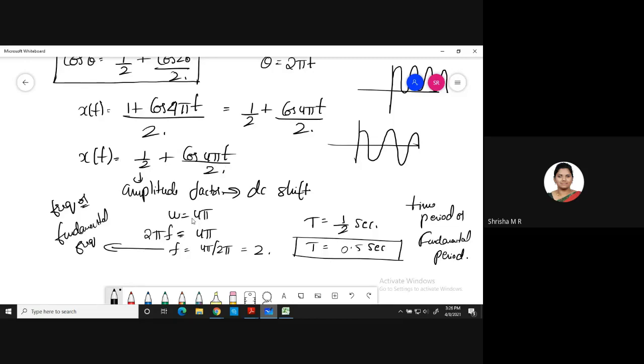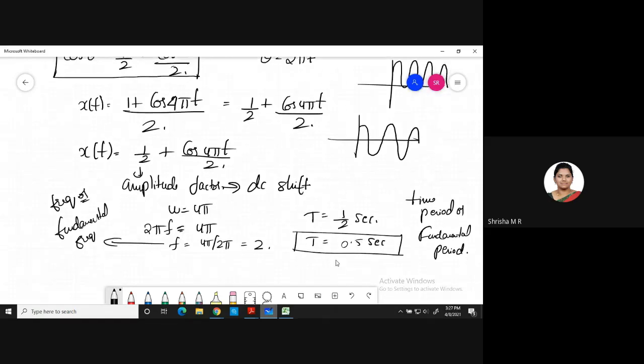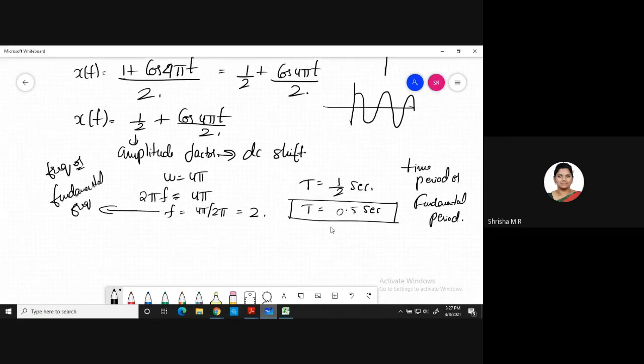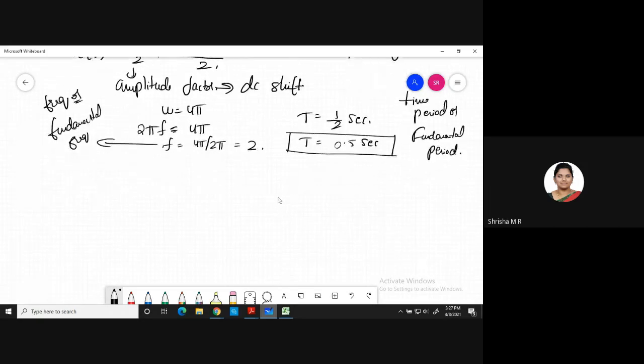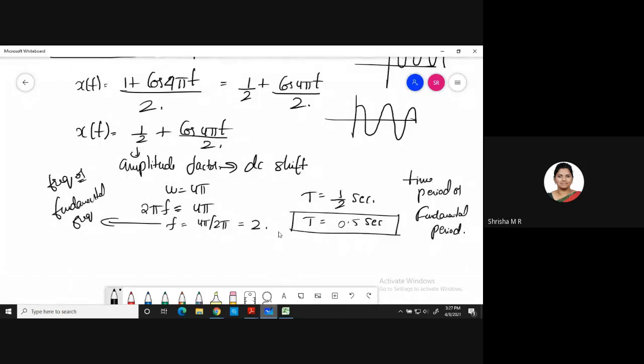Omega is 4 pi. Sorry, 2 pi f is equal to 4 pi. So find the fundamental frequency, and from the frequency find the fundamental time period. Clear, everyone? So the signal is periodic with the fundamental period 0.5 seconds. Clear, everyone? Understood?